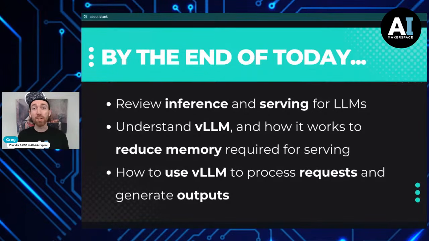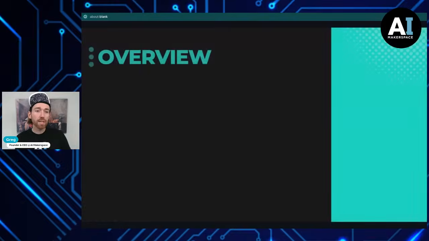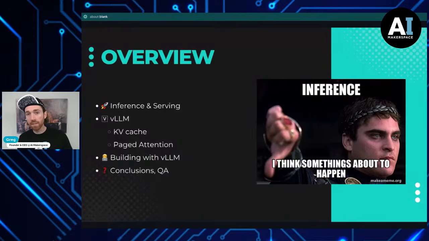The thing that's great about using it is that it's super easy to use and it's fast. So we'll cover inference and serving, then we'll talk vLLM, and we'll take a number of tangents and asides to get to the point of what a K&V cache is and why we would need it. Then we'll talk a little bit about the PagedAttention algorithm that is really intelligently leveraging that K&V cache before we build.